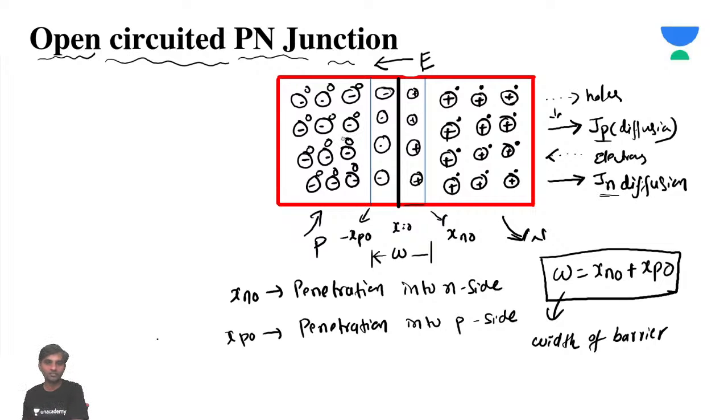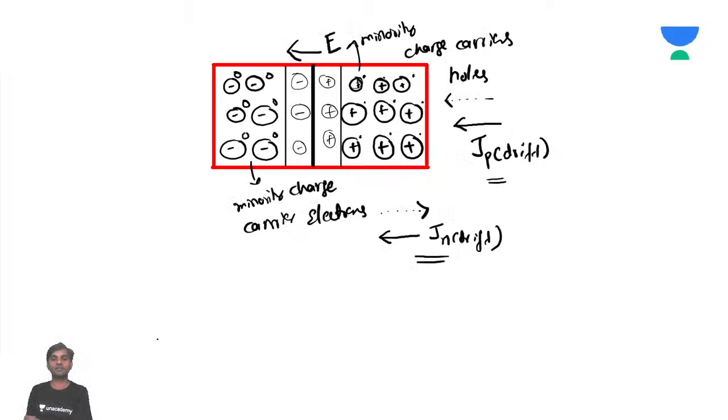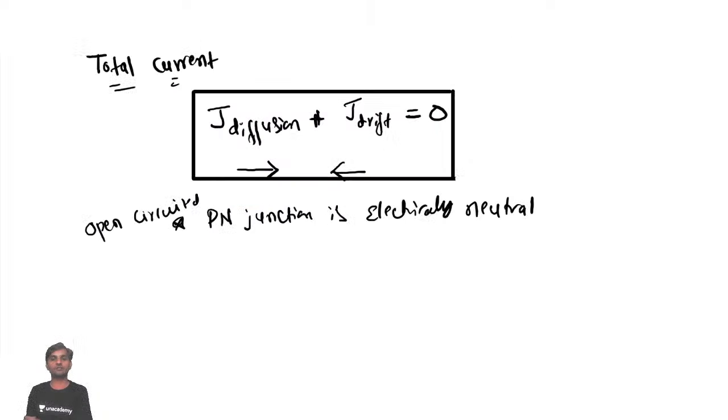Electrons. These electrons will be attracted by the positive charges. The holes will be attracted by the negative charges. This is because of the electric field, and this is called drift current.